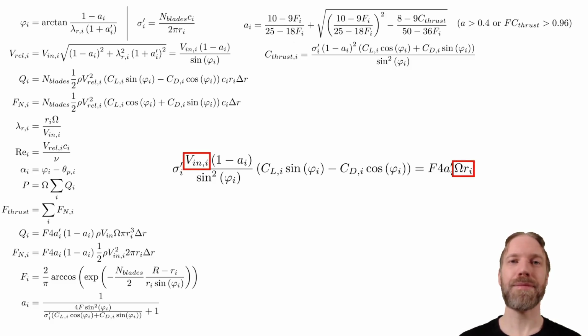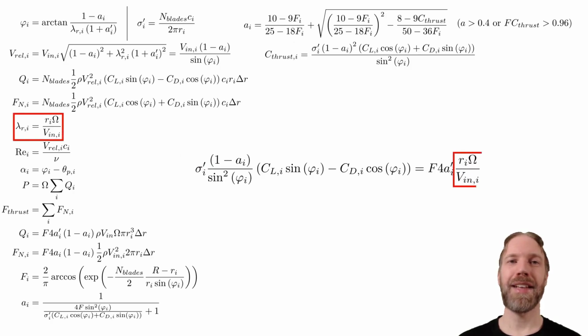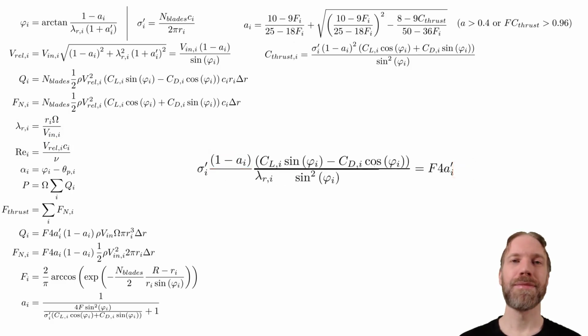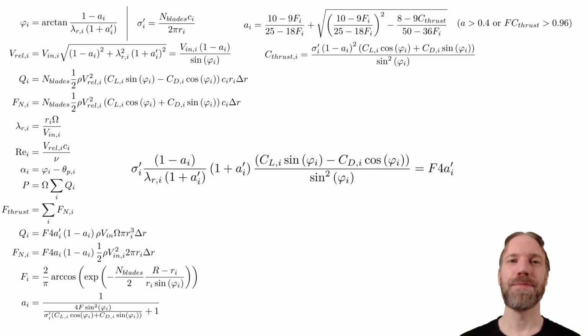Combine this. This is the local tip speed ratio. Combine this. Multiply and divide by 1 plus the angular induction factor. This is tangents of the angle of relative wind. Tangents is sinus over cosinus. Sinus cancels.